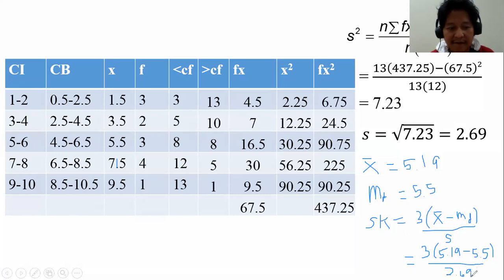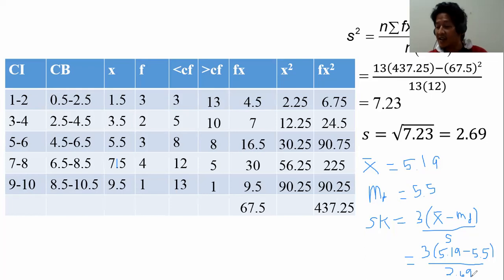Calculator na lang natin siya. Okay, so if we use calculator for this, mas mabilis-bilis tayo. So 5.19 minus 5.5 times 3 and then divided by 2.69.